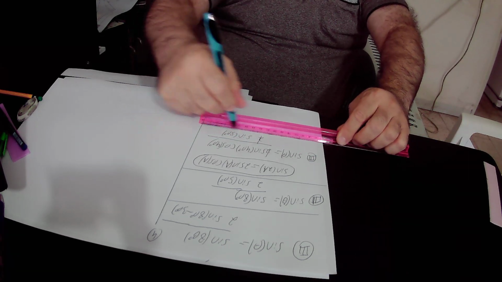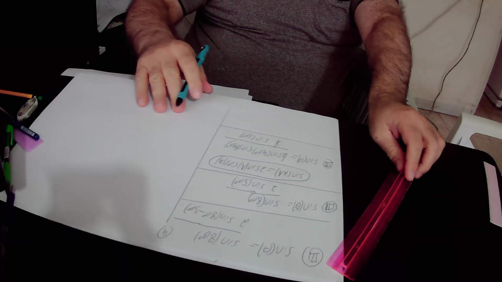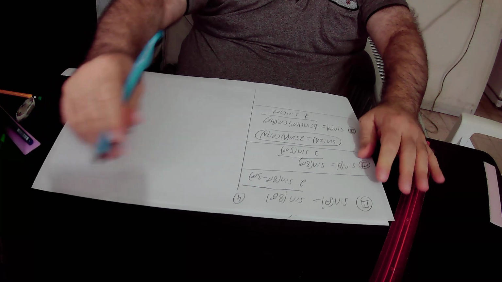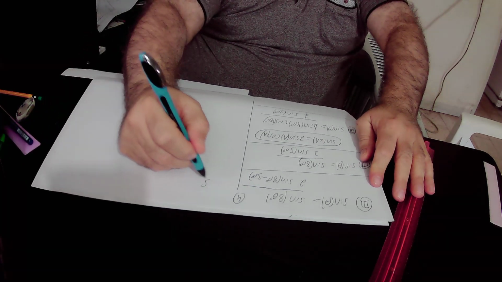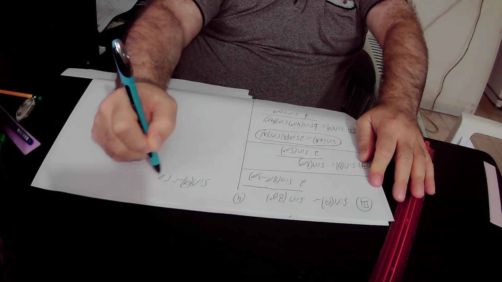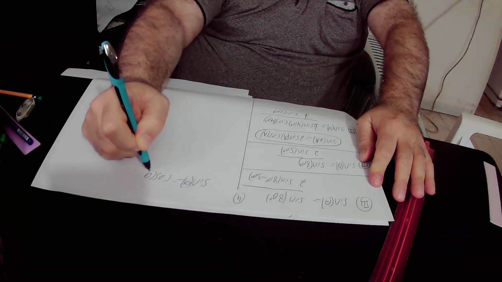And we will use the trigonometric identity that states that sine alpha equals cosine 90 degrees minus alpha.